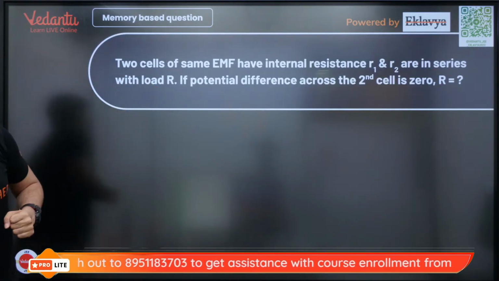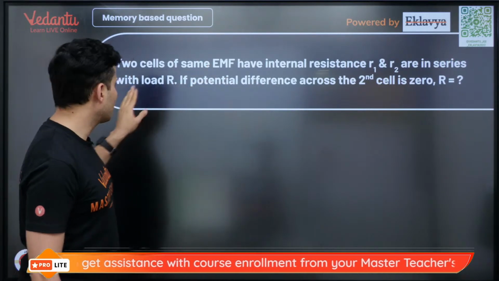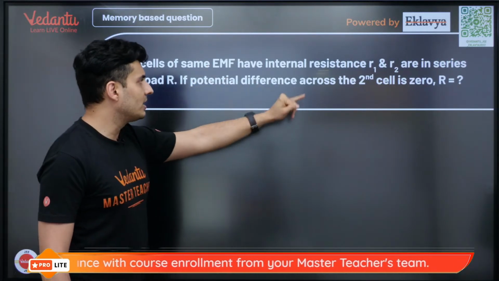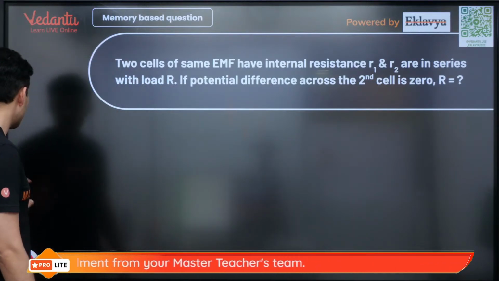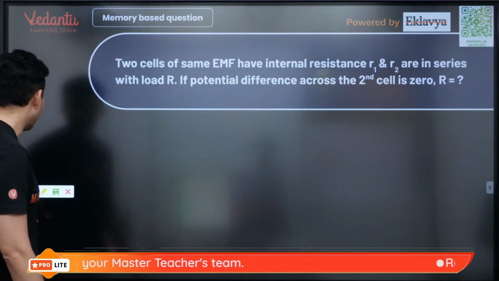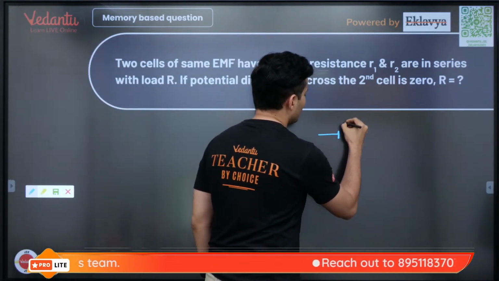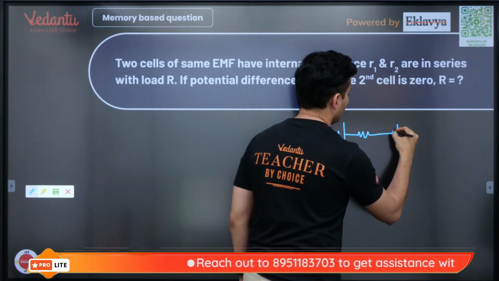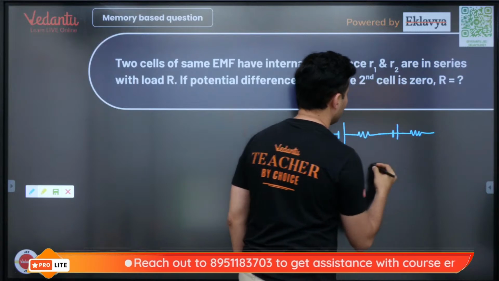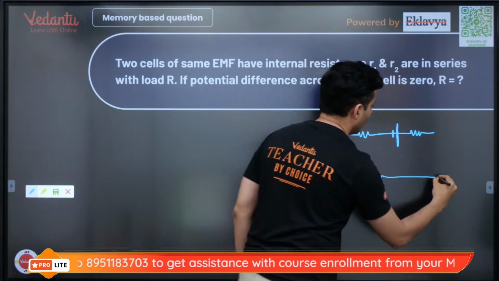Two cells, EMF are same, internal resistances are given, load is also given, potential difference across the second cell is 0. This was the only tricky question which I found, relatively; otherwise it is not so tricky also. So I feel you should show one cell. This is one internal resistance, this is another cell, another internal resistance, and then it is connected to some load over here.